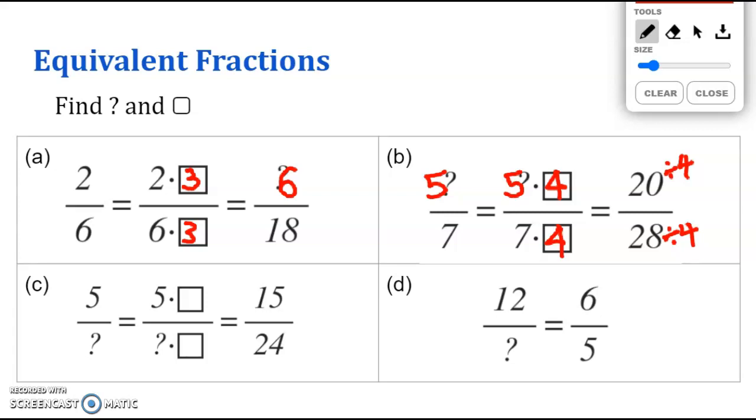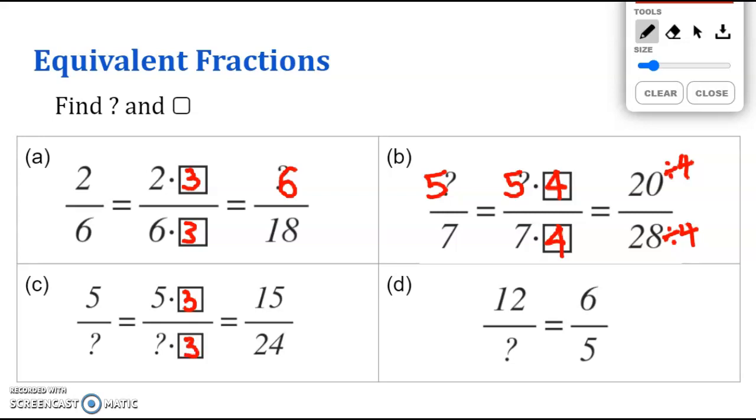Now we're looking at 15 over 24. So now we have to be thinking, is there a number that is divisible into both 15 and 24? Well, 3. Or we also know that 5 times 3 is 15. And if you're multiplying the top number by 3, then we need to be multiplying the bottom by the same thing.